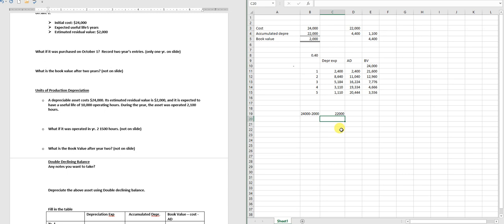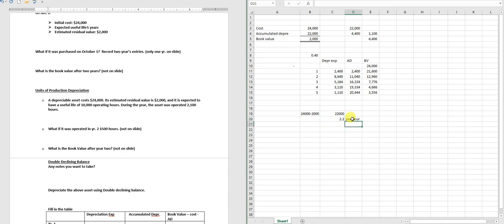But in this case, my life is in hours or miles or whatever you're going to use for your units of production or units of activity. And so it's a useful life of 10,000 hours. So I have 22,000 divided by 10,000 hours. So I get 2.2 per hour.